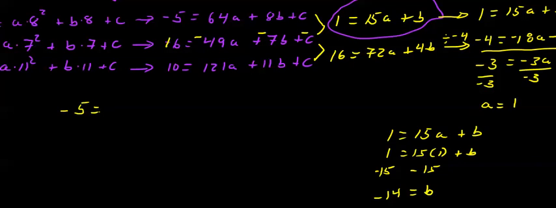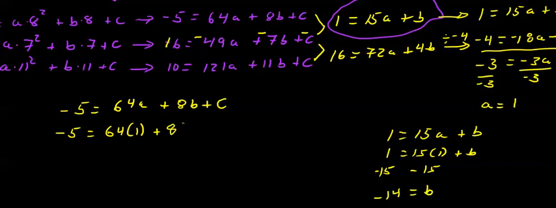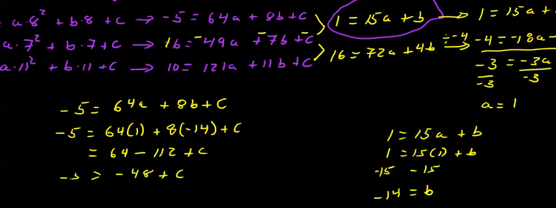Negative 5 equals 64a plus 8b plus c. 64 times 1, a is 1, plus 8 times negative 14, plus c. 64 minus 112, so negative 48, plus c is negative 5.